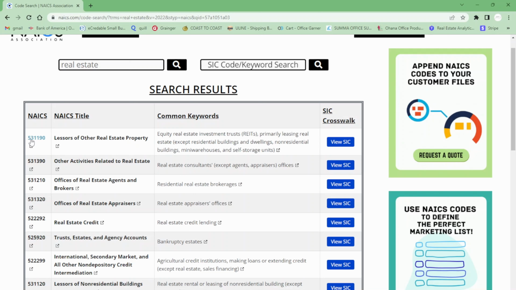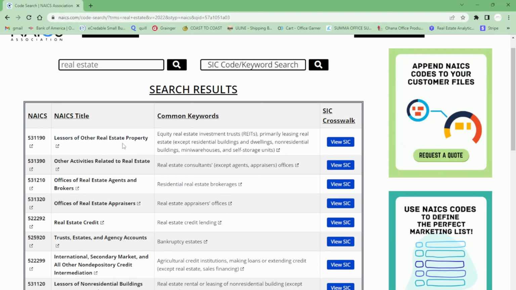The first 2 numbers are important. The first 2 numbers tell you, okay, real estate, and generally the last 4 numbers are the specific industry within real estate. So right here it says 531190, lessors of other real estate property, and then you can read through that.